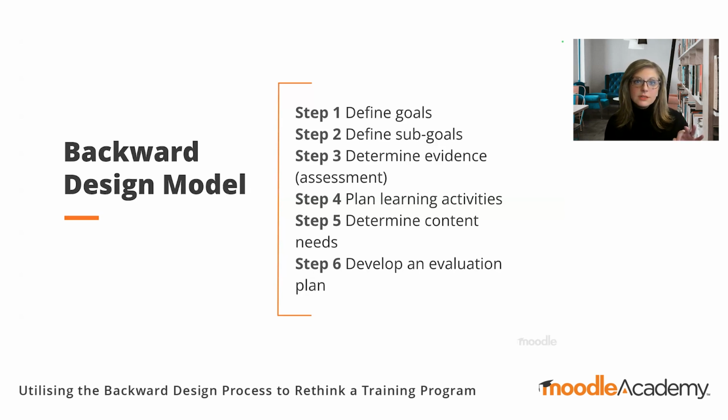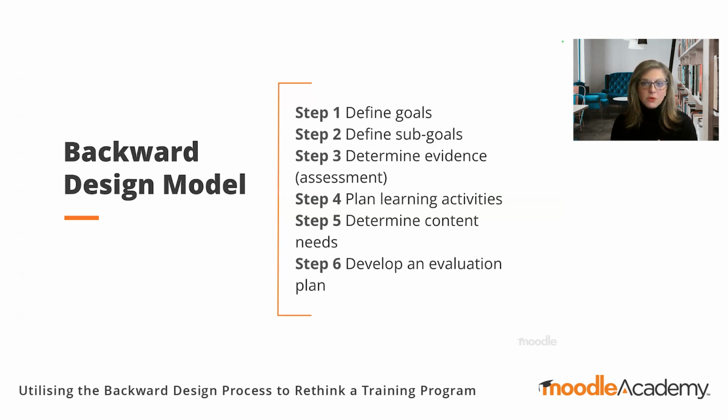The third step is to determine the evidence or assessment that you would like to put into place. How are you going to identify that the learner has developed that required skill or knowledge?